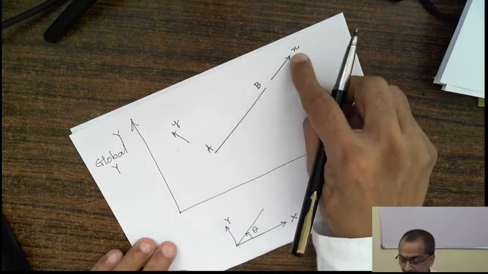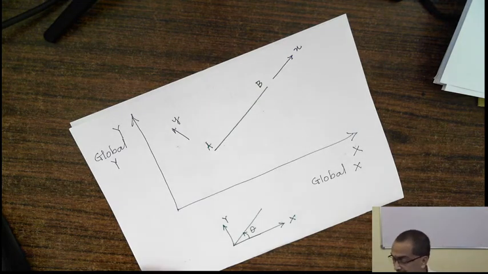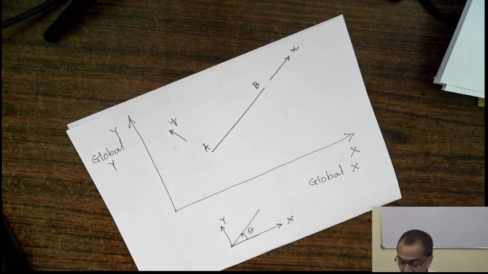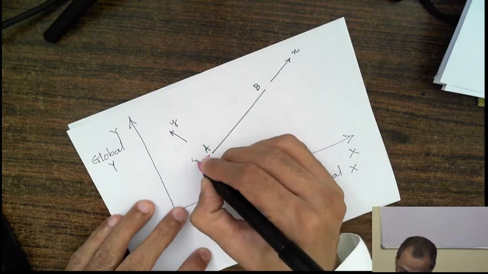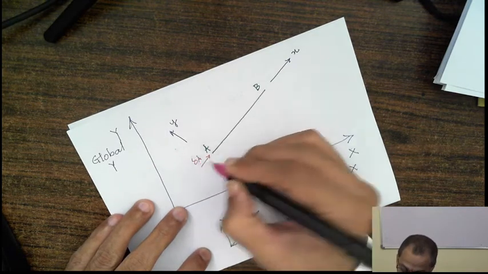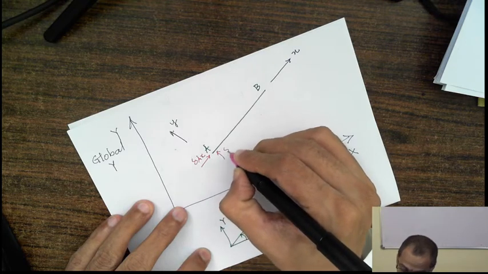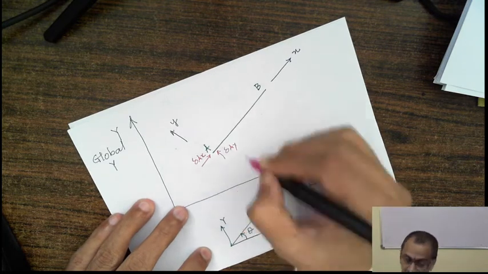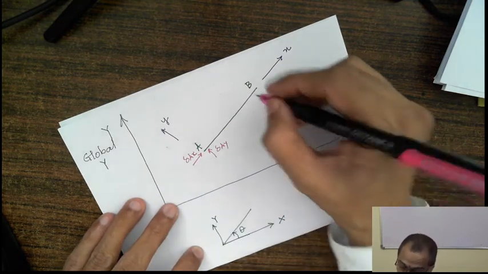This is local x axis that is acting along the axis of the member AB. So that is local x axis. Now let us consider 4 different displacements. The first displacement, let us consider that the displacement is delta AX, this is delta AY. These are the local displacements at A, delta AX and delta AY.